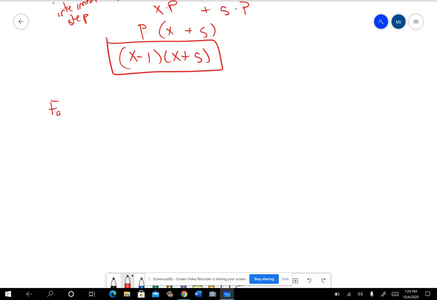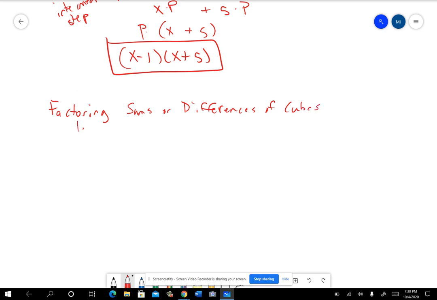Okay, this video covers factoring sums or differences of cubes. I didn't spell that right. Oops, really messed it up. Let me try again. Factoring sums or differences of cubes, okay?